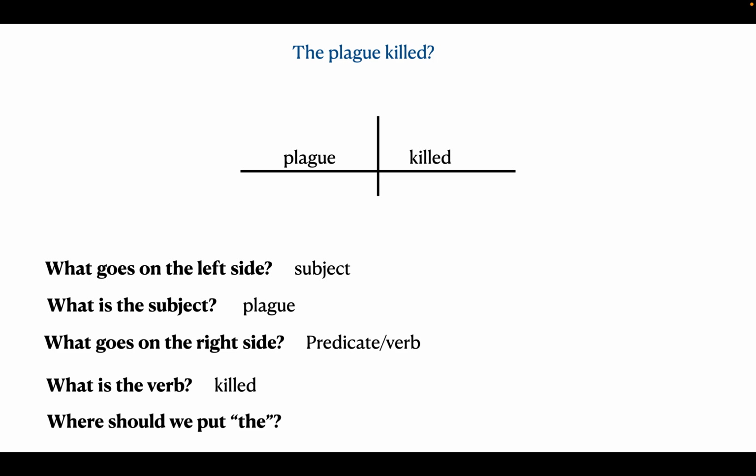And then where should we put the? That's right, we're going to put it under the word on a diagonal line that is describing. So it is describing plague. So the goes on a diagonal line under the subject. And where do I put that question mark? That's right, we don't. You do not diagram punctuation.